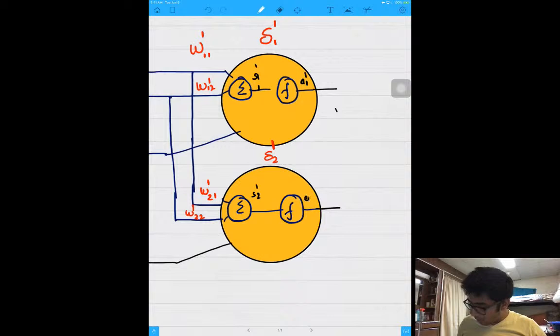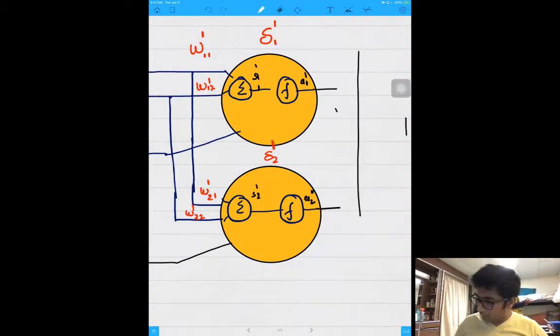A1 1, A2 1. Remember one thing, gradually the level of math will go from easy to hard, and we will go slowly, step by step. So here we have A1, we have A2, and of course we need a loss function right here. So I would draw the loss.